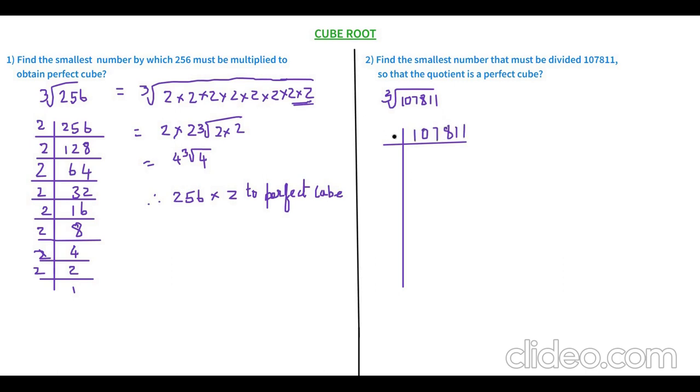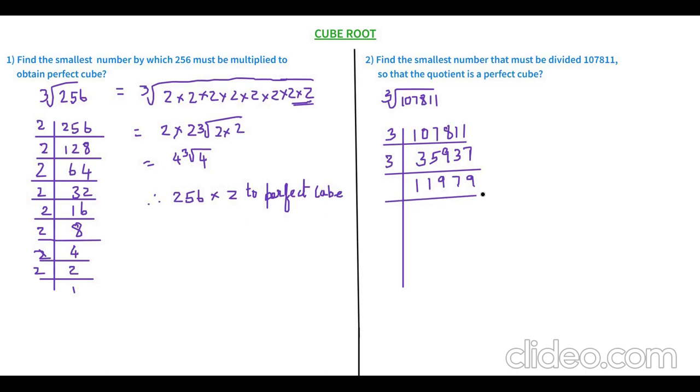So if this is divisible by 3, we get 35,937. Now this is again divisible by 3, so we get 11,979.